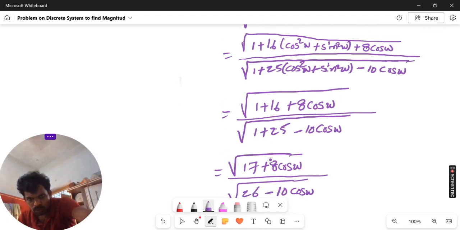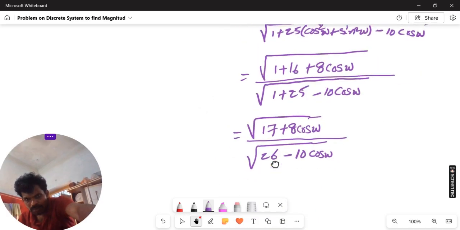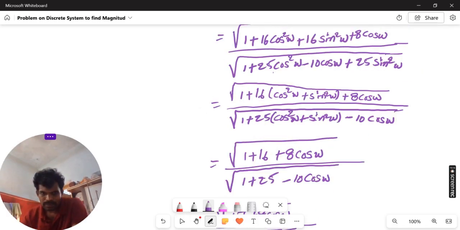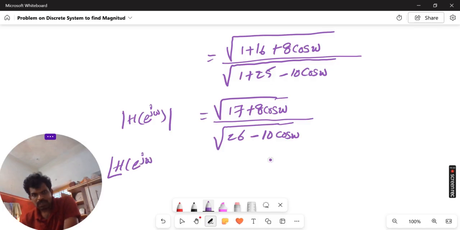Which is the magnitude of the Fourier transform of the given difference equation. Likewise, now let us calculate the phase response of the Fourier transform of the given difference equation.